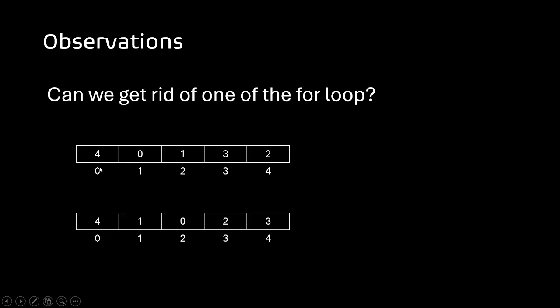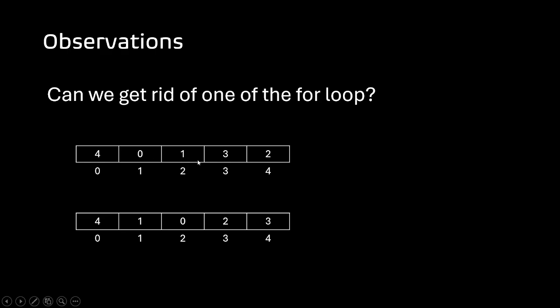Now consider this element 1. I can figure out that its index in nums2 is 1 here. So 1 occurs at this location in nums2 and at this location in nums1.